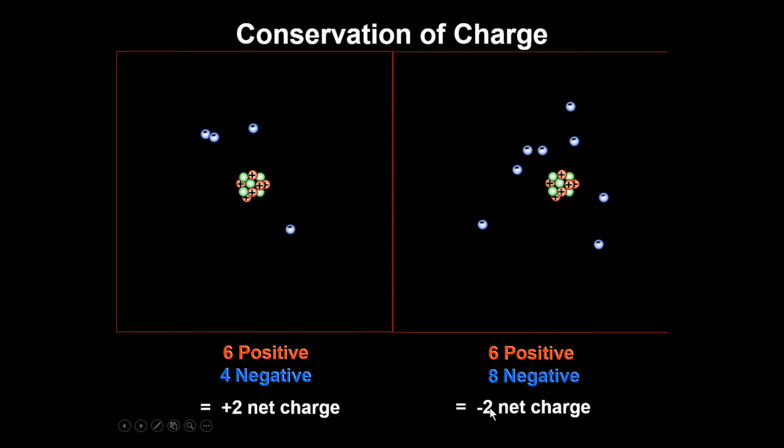There is a net negative 2. So all charging occurs by either adding electrons to an atom, making it negative, or taking electrons away from an atom, making it positive. All charge is done by moving electrons around. The protons are bound so tight in the nucleus that in typical everyday things that we encounter, protons don't move.